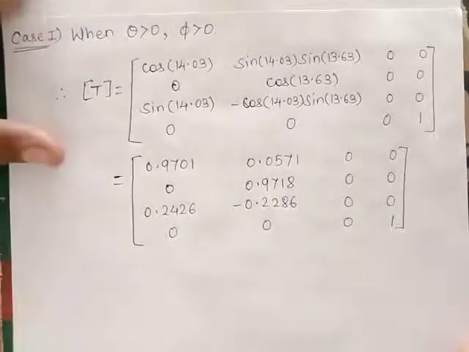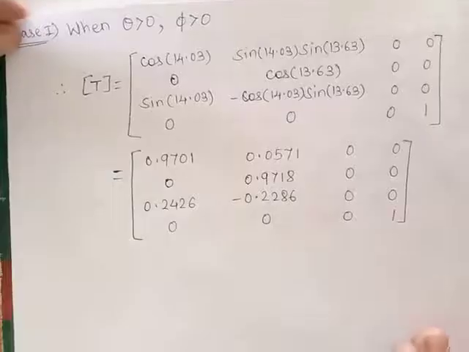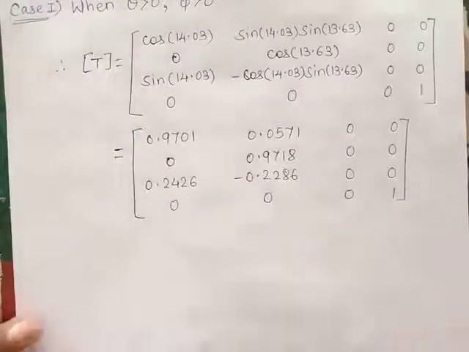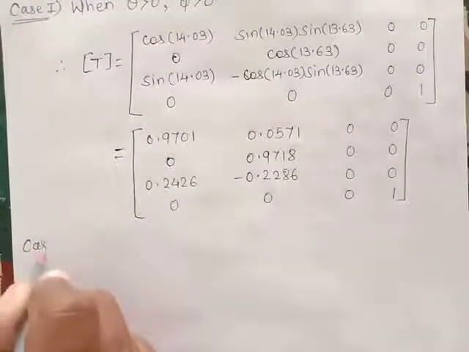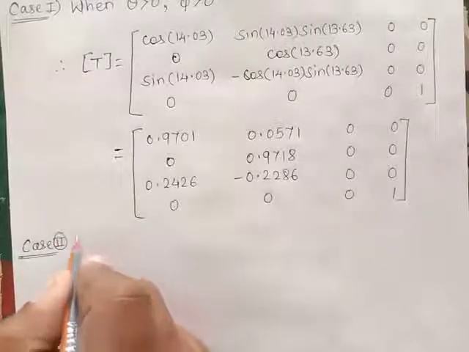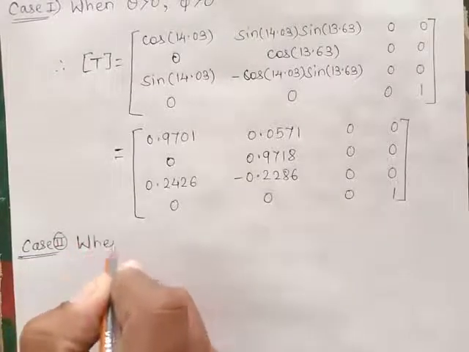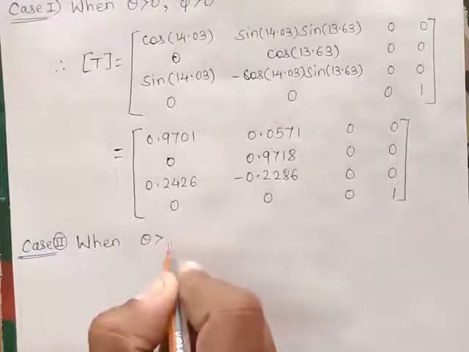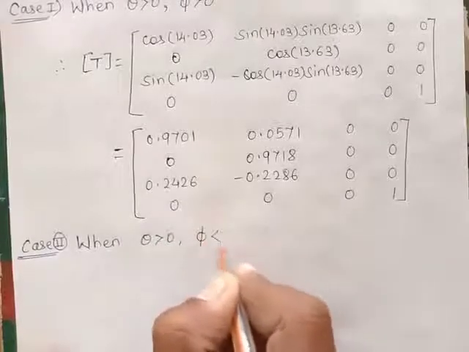Okay, this is when theta positive, phi positive. Now, case 2, when theta positive, phi negative.